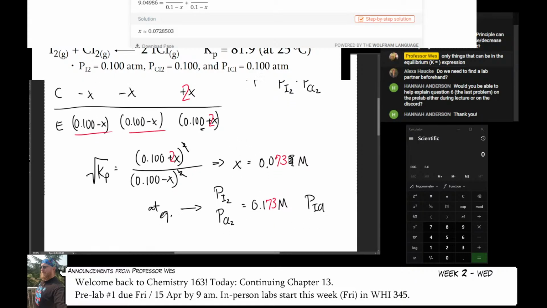And so PICl will be equal to 0.1 plus 2 times that number that we got. 0.073. 0.246. There we go. And these aren't molarity, they are atmospheres. There you go.